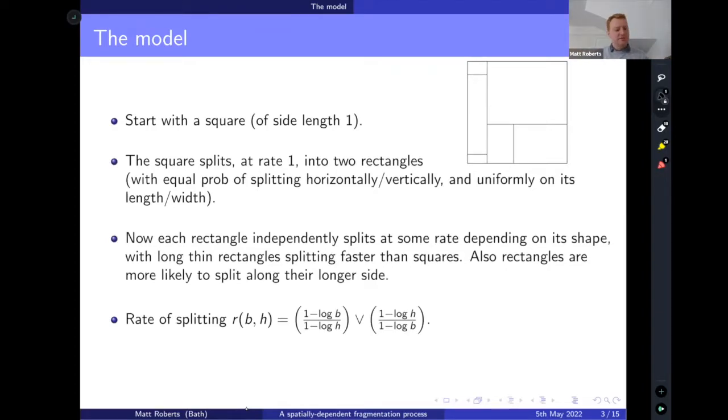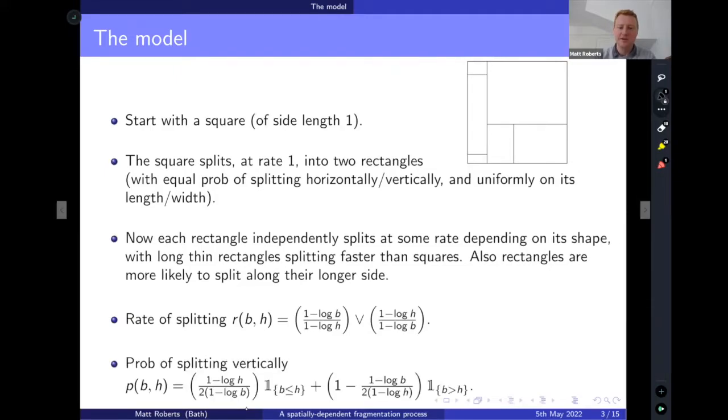I'm not expecting you to memorize the exact form of R. It won't be that important. And while this is the one we used for our project, I don't see any reason why one couldn't do a more general class of splitting rates using the same or similar methods. Okay, and with similar logic, you can come up with the natural probability of splitting vertically. Again, it looks a bit complicated, but really it's a fairly natural thing.